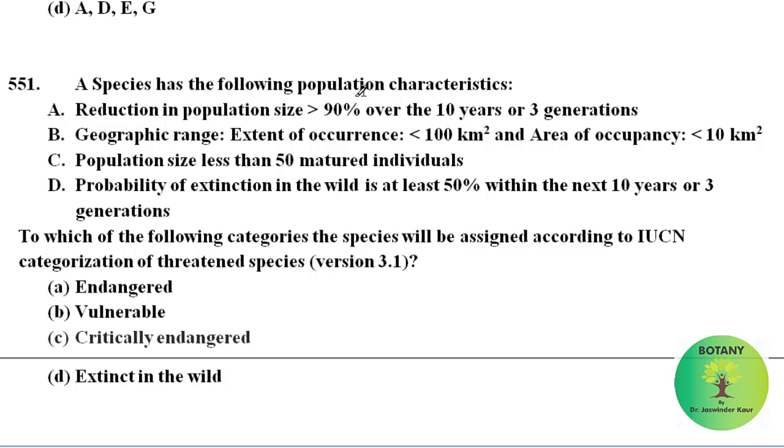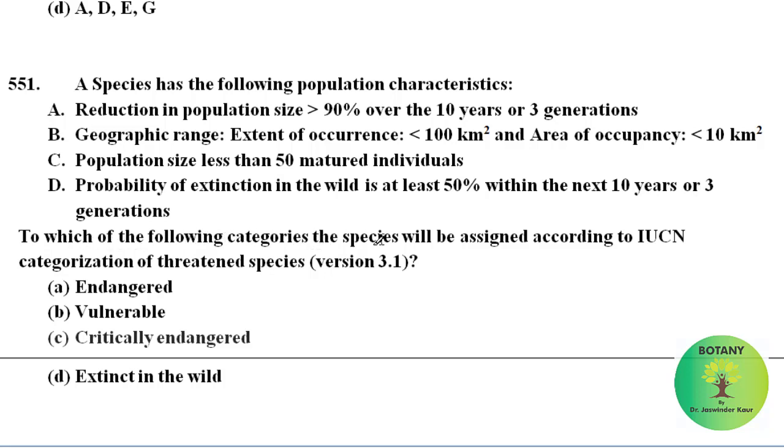A species has the following population characteristics: reduction in population size more than 90% over 10 years or 3 generations, geographic range extent of occurrence less than 100 km squared and area of occupancy less than 10 square kilometers, population size less than 50 mature individuals, probability of extinction in the wild at least 50% within the next 10 years or 3 generations.